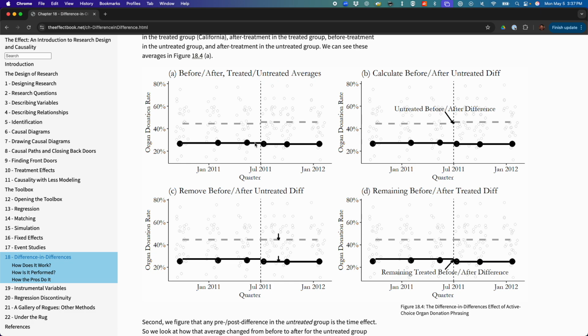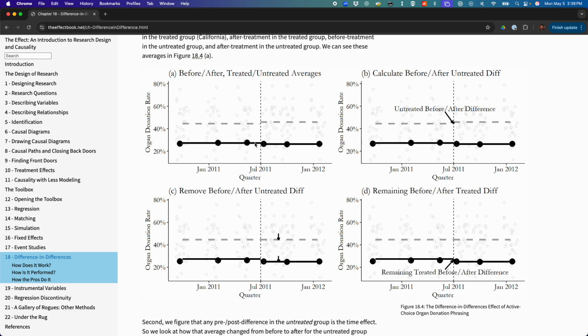And in the other plot, you can see the before and after for the untreated group, and it goes up. Which means that when I subtract away the before and after difference in my untreated group, you're essentially lowering the gray line to what it looked like before, and doing that subtraction to the California group results in a larger decrease.